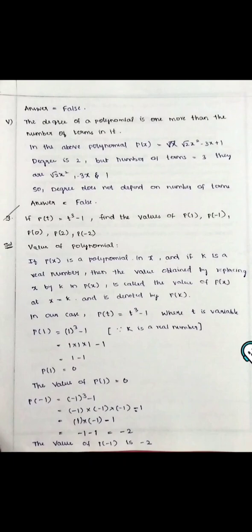See to it once while you are doing this. Minus into minus is plus, so minus 1 into minus 1 is plus 1, as we have studied earlier in our lower standards. Then plus 1 into minus 1 is minus 1. Minus 1 minus 1 is equal to minus 2. The value of p of minus 1 is minus 2.